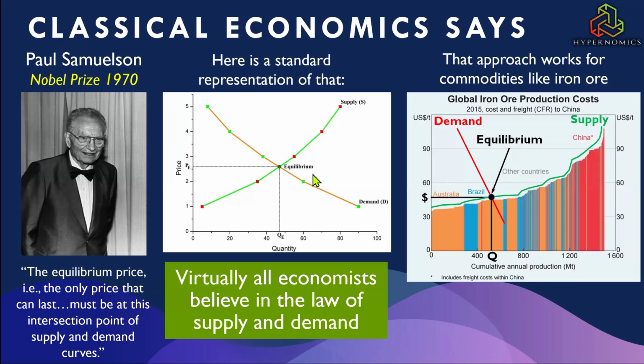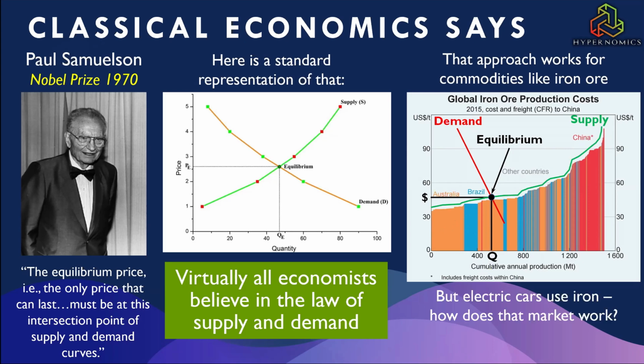The reason you might say something like that is that that approach does work for a few parts of the economy, commodities being one of the most notable examples. Here there's an upward sloping supply curve for iron ore. The iron that comes from Australia is in orange, the one from Brazil is in blue, and you can see as various mines come online, there's the cost of the mines, and they have a little bit of profit built in. As they go up, there's an upward sloping supply curve.